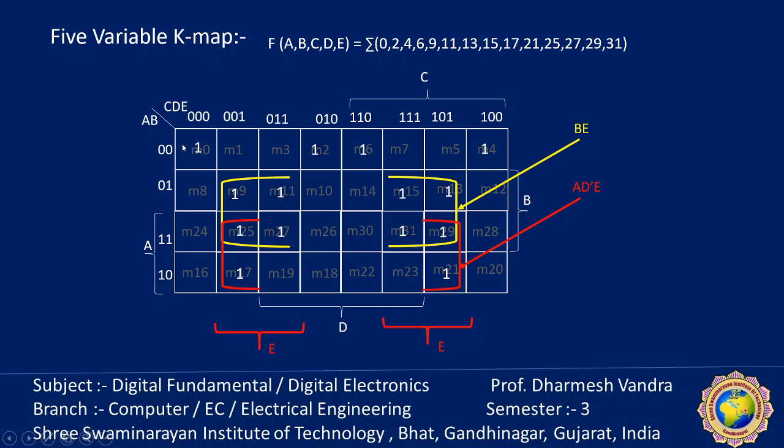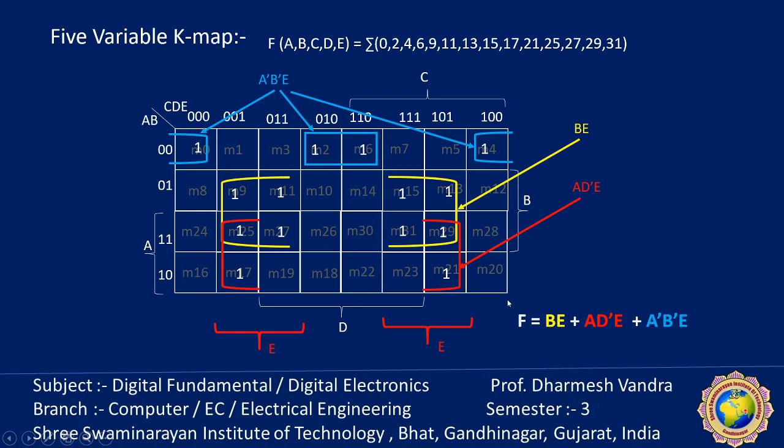So E equals 0 in all four of these. So it becomes A0, B0, E0, that is A dash, B dash, E dash. The function here was misprinted, so I'm sorry for that, but please consider it as A dash, B dash, E dash. So the final result is BE plus A D dash E plus A dash B dash E dash. The E dash is misprinted here.